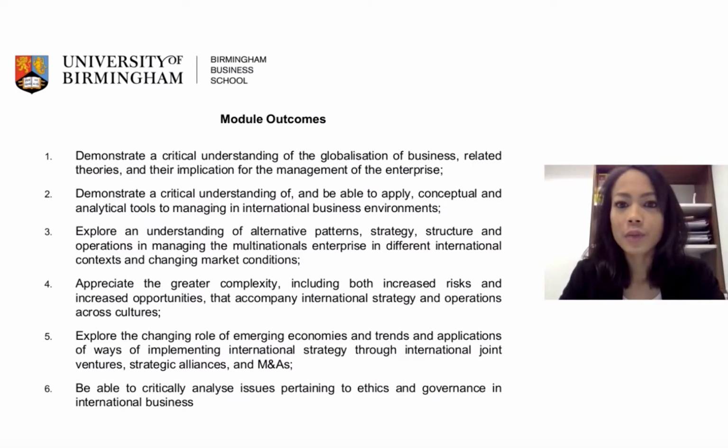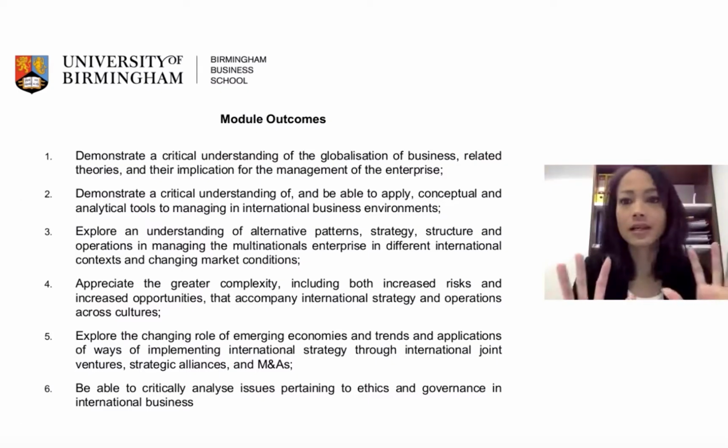I copied these module outcomes from the Canvas page. They are for you to familiarise yourself. In order to achieve these module outcomes, this has influenced the way we have structured the unit. This module together is a starting point to understand issues in the company.